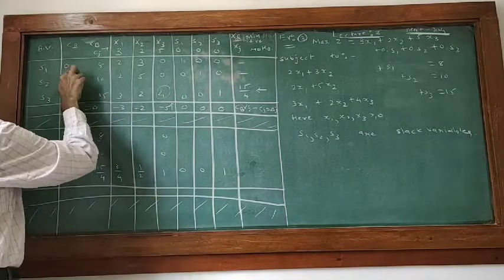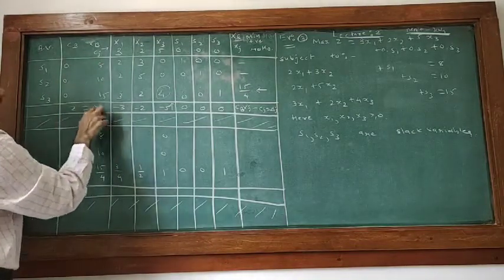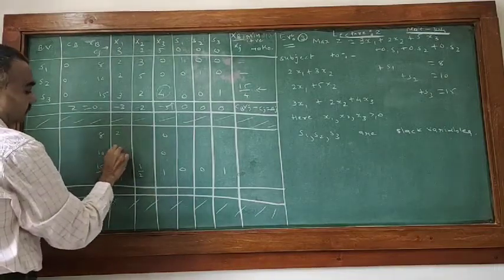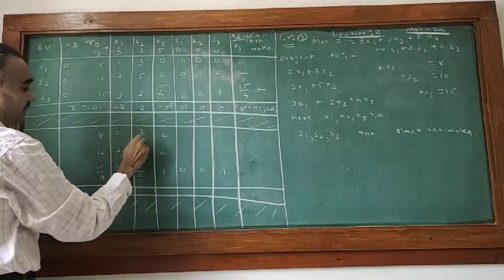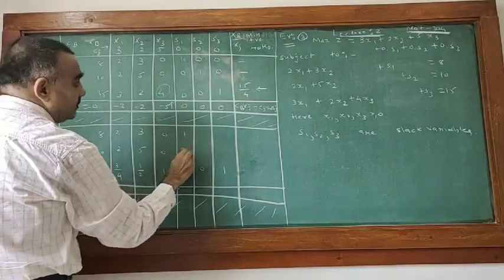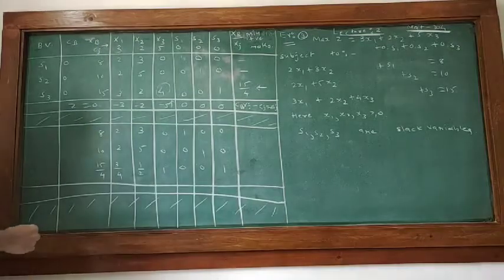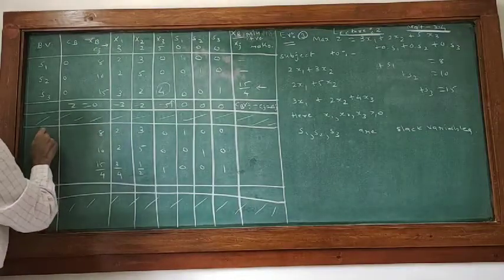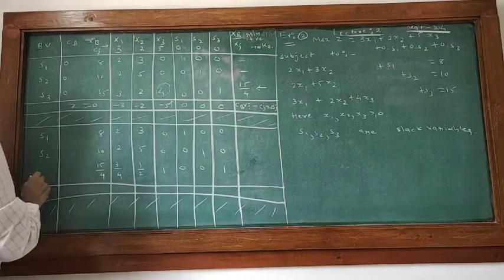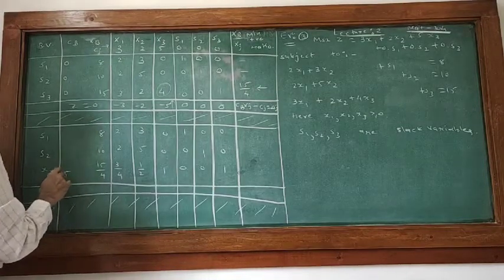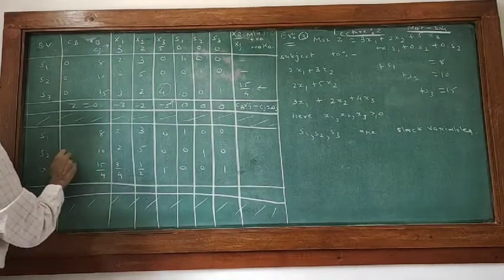Value of z is 0, 0 into 8, 0 into 10, 0 into 15, 0. Then 2, 2, 3, 5, 1, 0, 0, 1, 0, 0. Here s1, s2 remain and x3 is now in the basis, so its cost is 5, 0, 0.